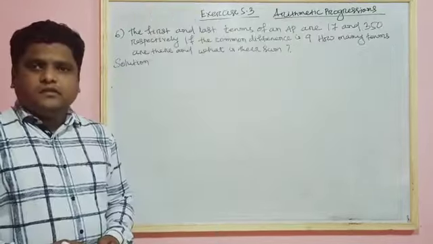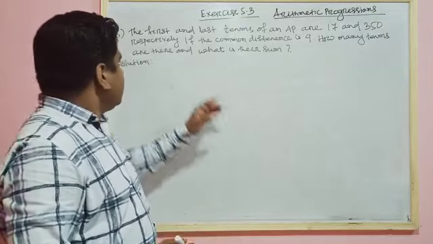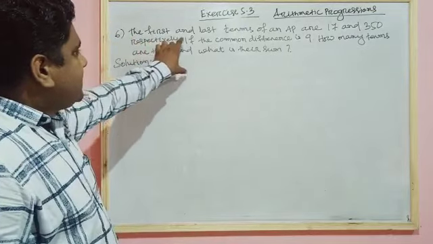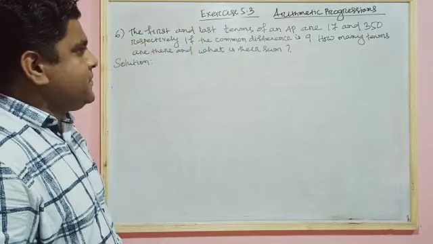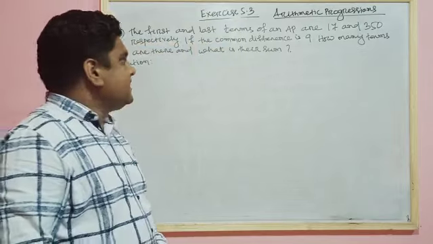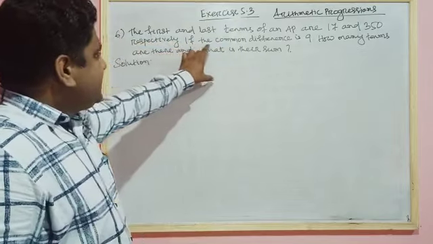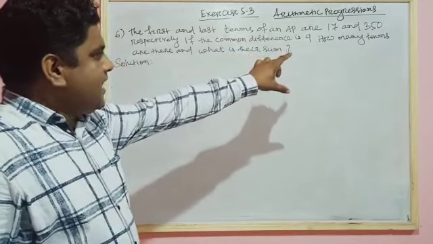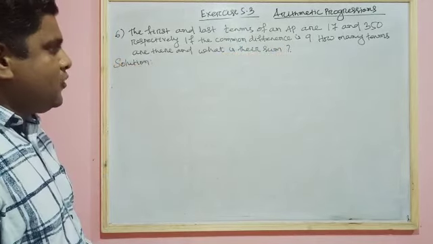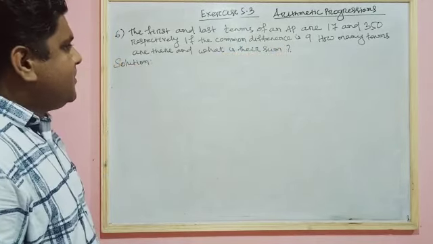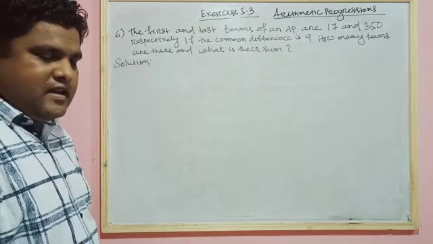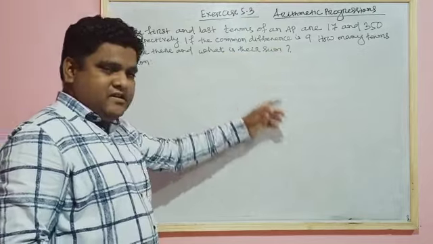Okay. Next number is number 6. The first term and last term of an AP are 17 and 350 respectively. If the common difference is 9, how many terms are there and what is their sum? We have to find number of terms n and sum of n terms.